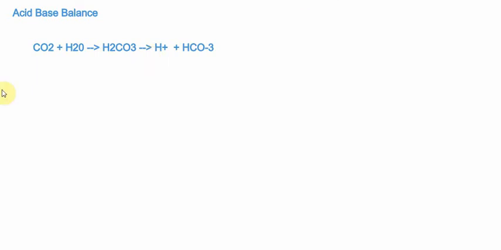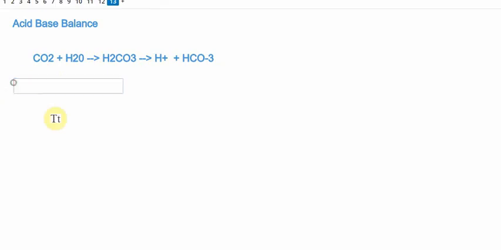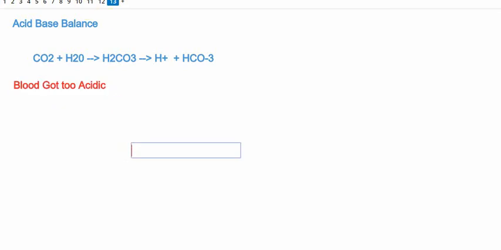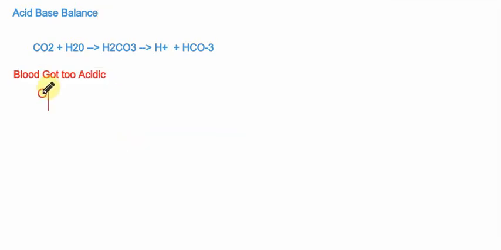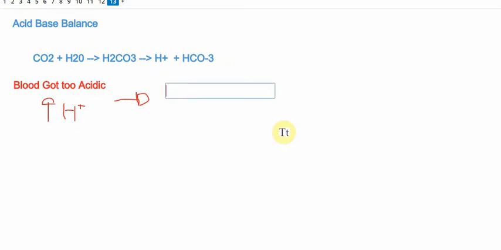So what would happen if our blood got too acidic? Well, if we're too acidic, we know we have a high concentration of hydrogen ions. So we want to lower that. So our kidney's response is going to be that we are going to secrete H+.